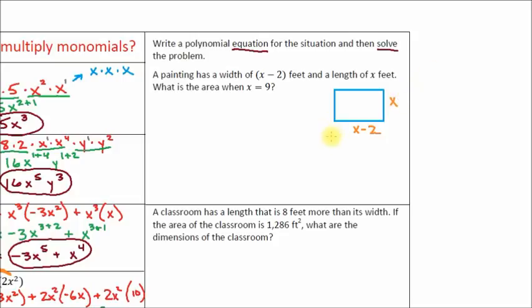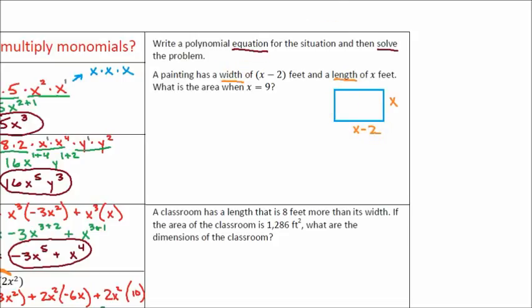Now you probably wonder, how did I know to put x minus 2 here and x here? It really makes no difference. I could have put x minus 2 here and x on this side. It doesn't make a difference as long as I know this is width and length. So one dimension is going to be the width and one dimension is going to be the length. It doesn't matter whether you flip these around or you label this side and this side.